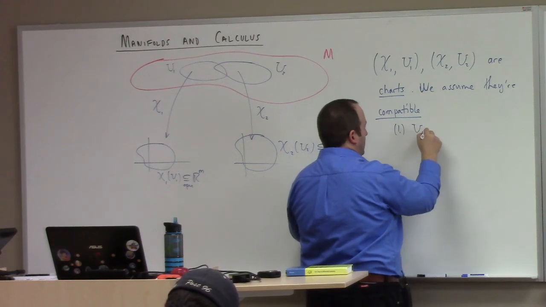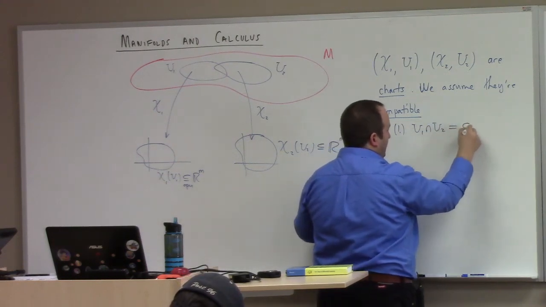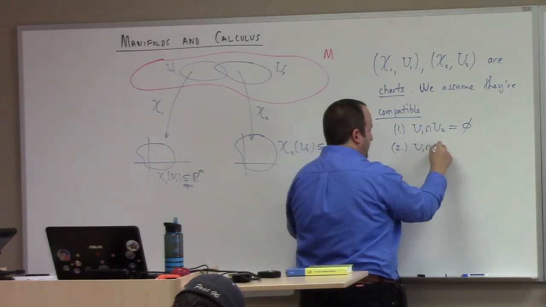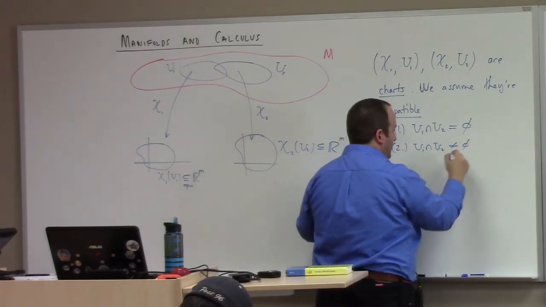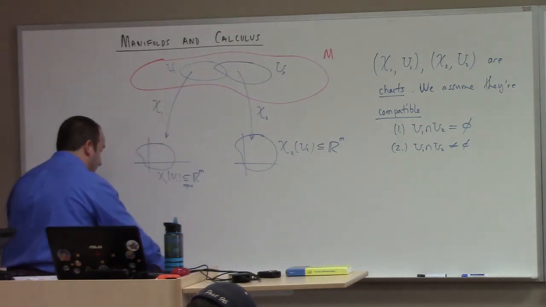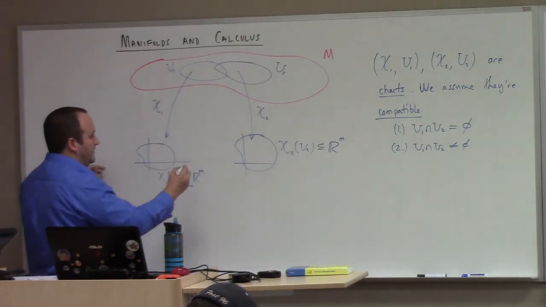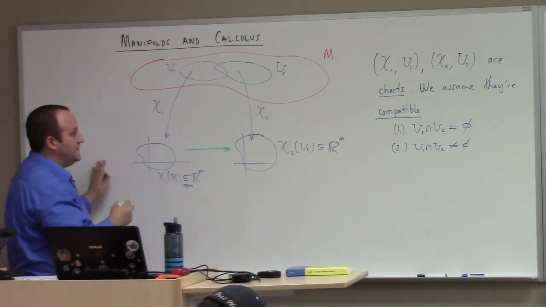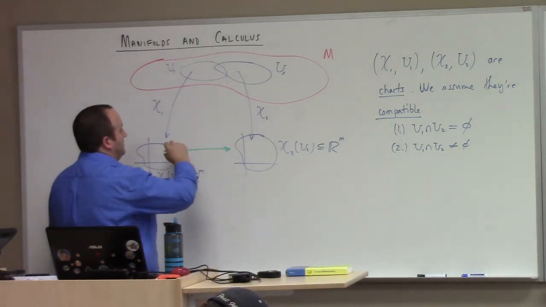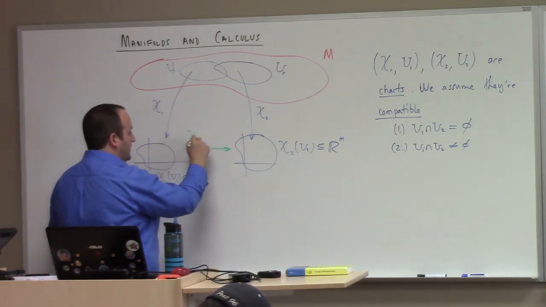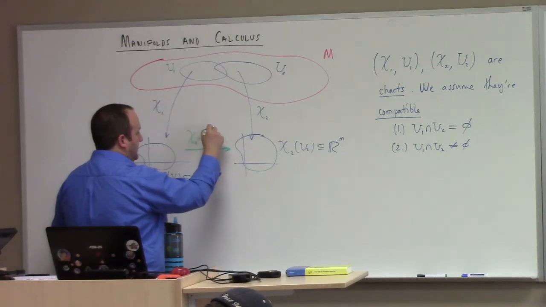U1 intersect U2 is the empty set, or if U1 intersect U2 is not empty, then you can look at the so-called transition function, this mapping here, right, which would be what? This would be chi2 composed with chi1 inverse, right?